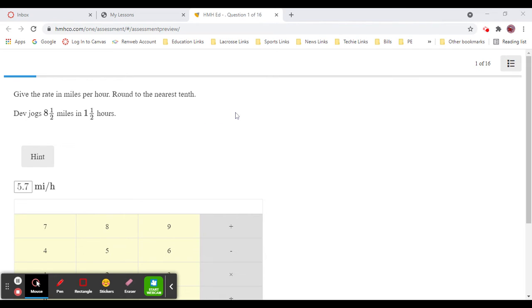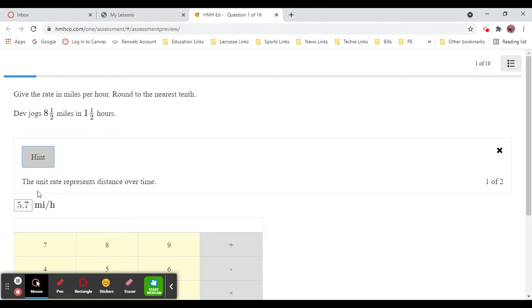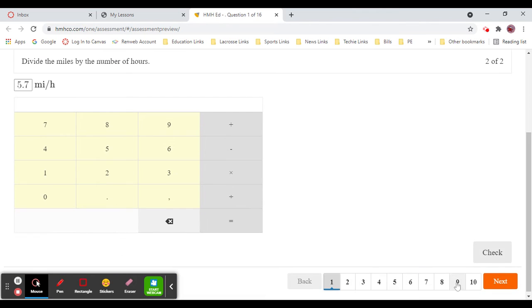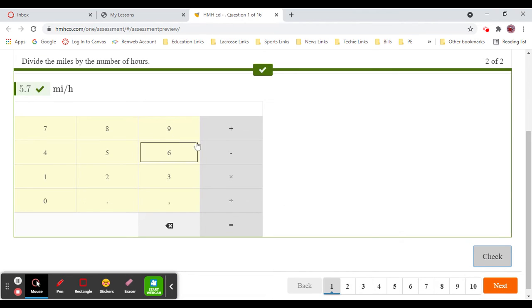I should get 5.6 repeating, and it says to round to the nearest tenth, which is one decimal place. So I should get 5.7. The unit rate represents distance over time, which is what we did: distance divided by time, dividing the number of miles by the number of hours. Let's check it, and we got the right answer, 5.7.